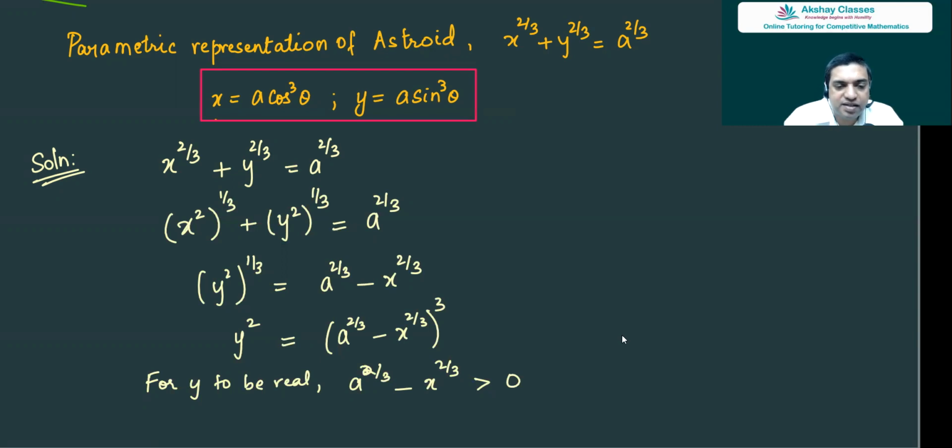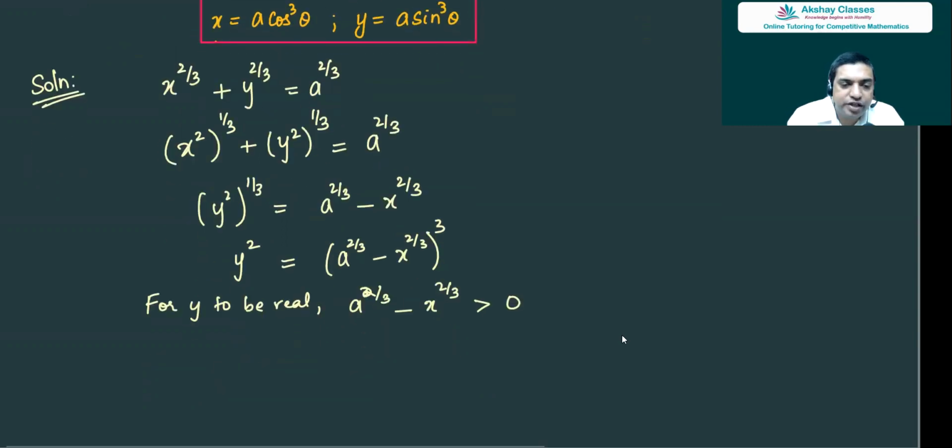Okay, this has to be greater than 0, which basically means a square minus x square has to be greater than 0, which basically means x, we see here, if x is positive, it has to be less than a, and if x is negative, it has to be greater than minus a.